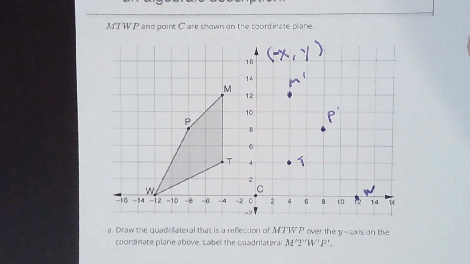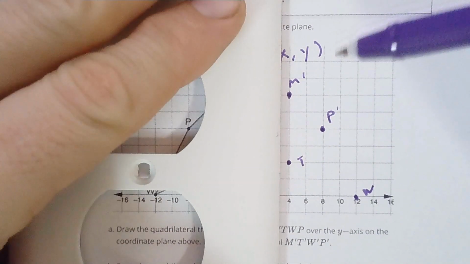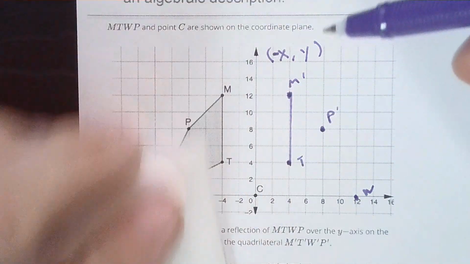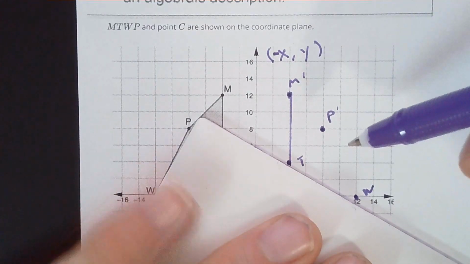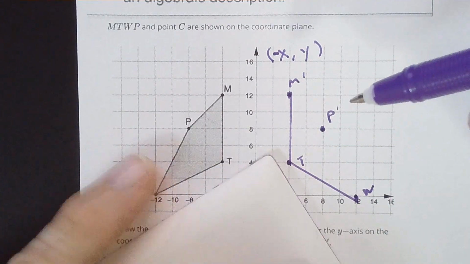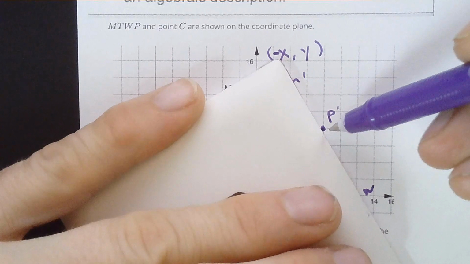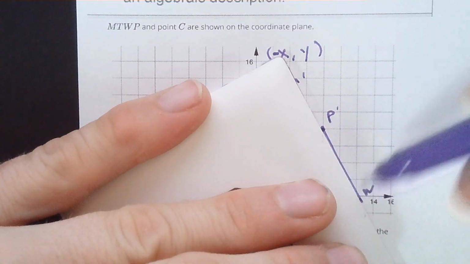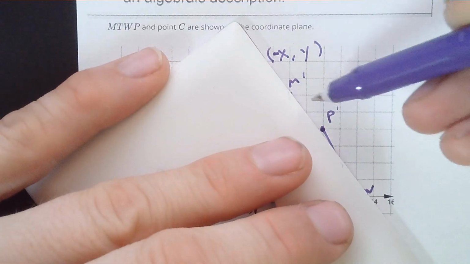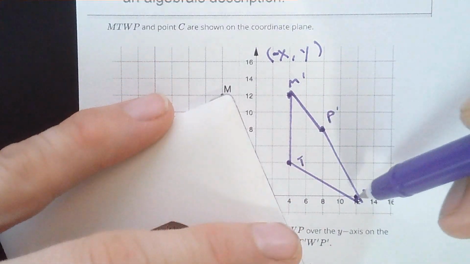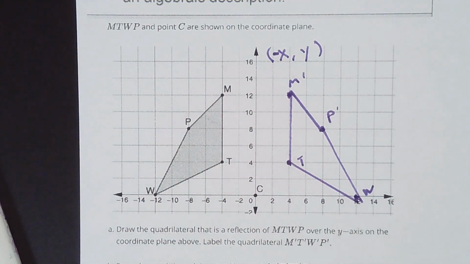Right, so after that initial first move, it's going to look like this. Okay, so there's our polygon after our first move.